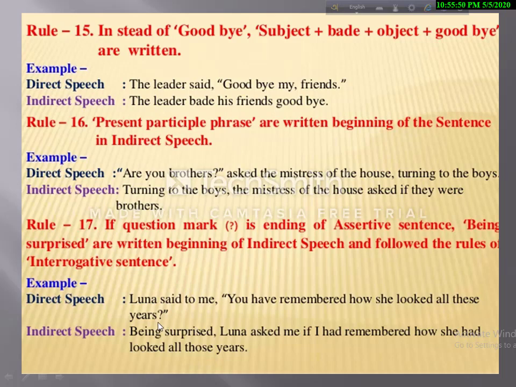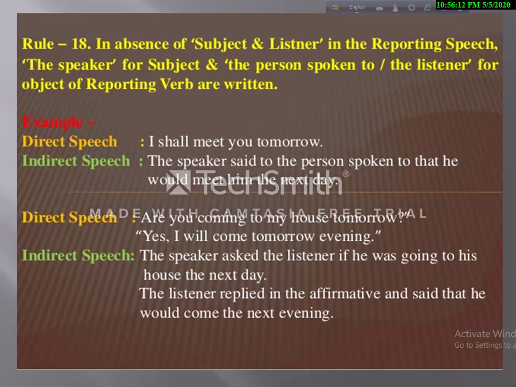It's correct to the point. To express our surprise, we use these types of sentences. And for this, we'll have to write being surprised. Luna asked me if I had remembered how she looked all these years.